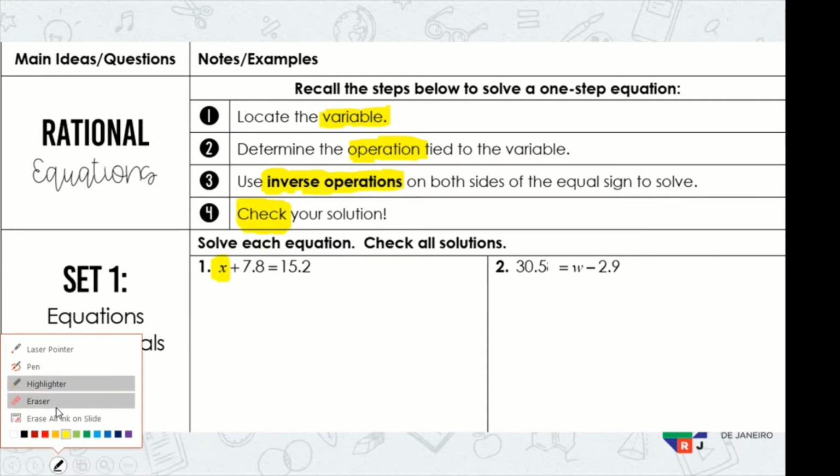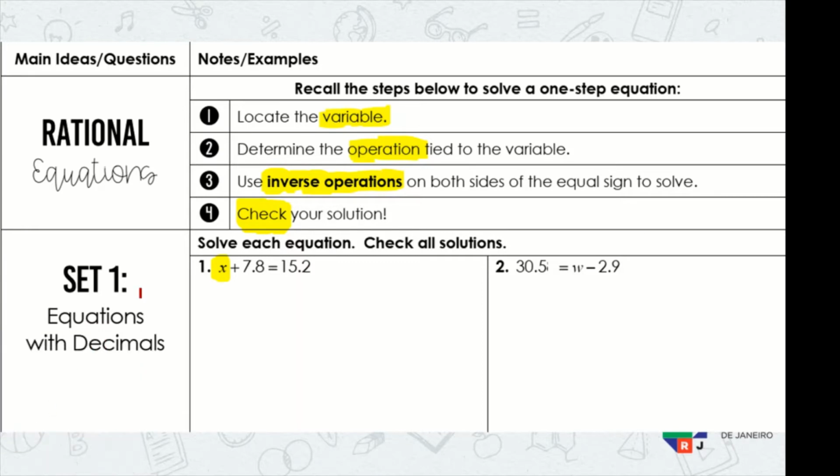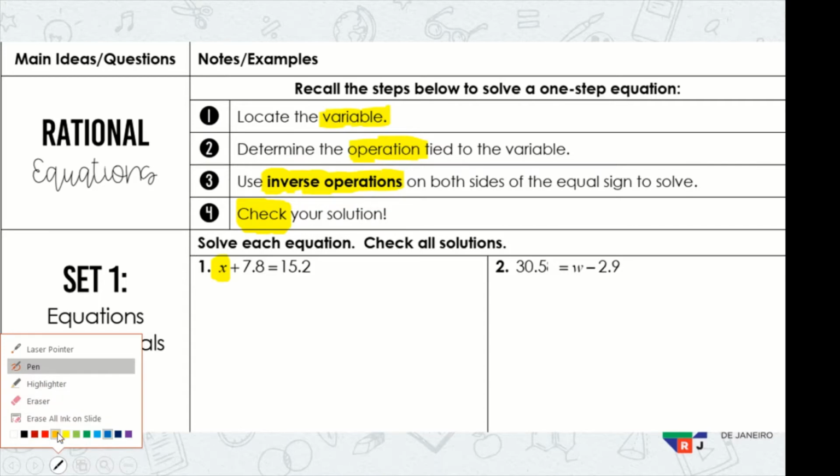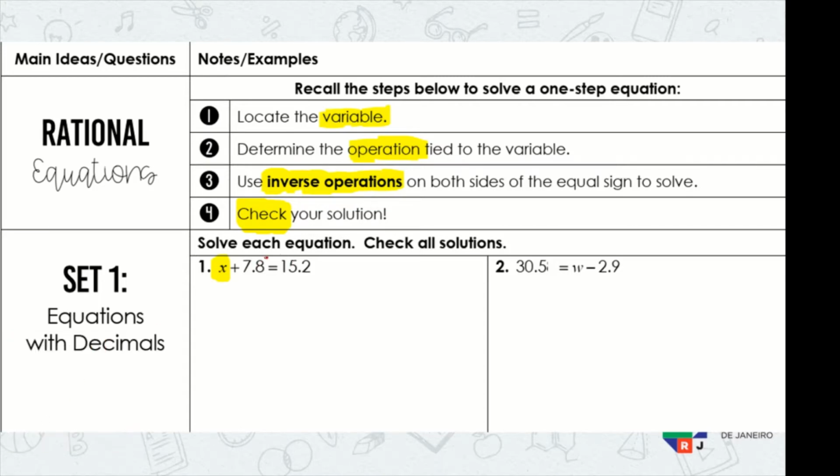What math operation is tied to the variable? Addition. Great. I'm adding 7.8. What is the opposite math operation of adding? Nice. Subtracting. We are subtracting 7.8. And what do I have to do right now?